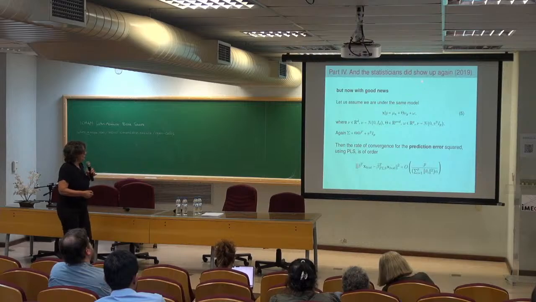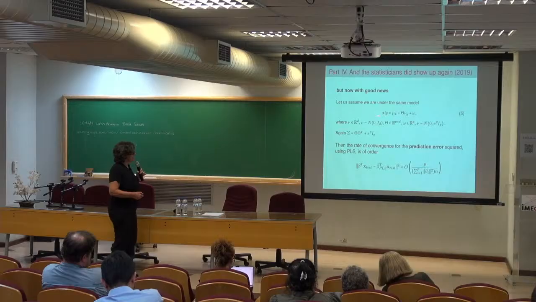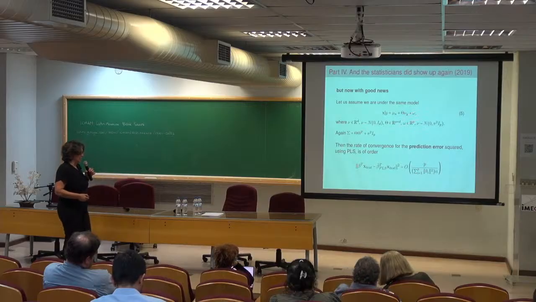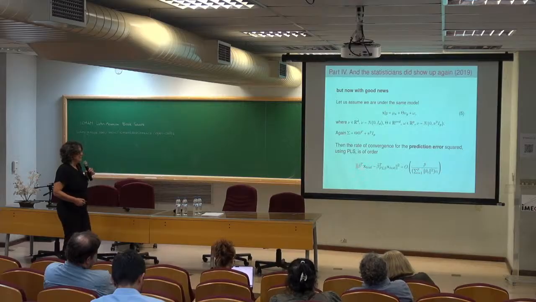This was one of the first papers that we did about this. We consider, again, this is a more general model, but under the same model that they were considering, what we were getting was this one. This is consistency. This is for the new x, and I'm seeing the difference between the beta and the beta hat.